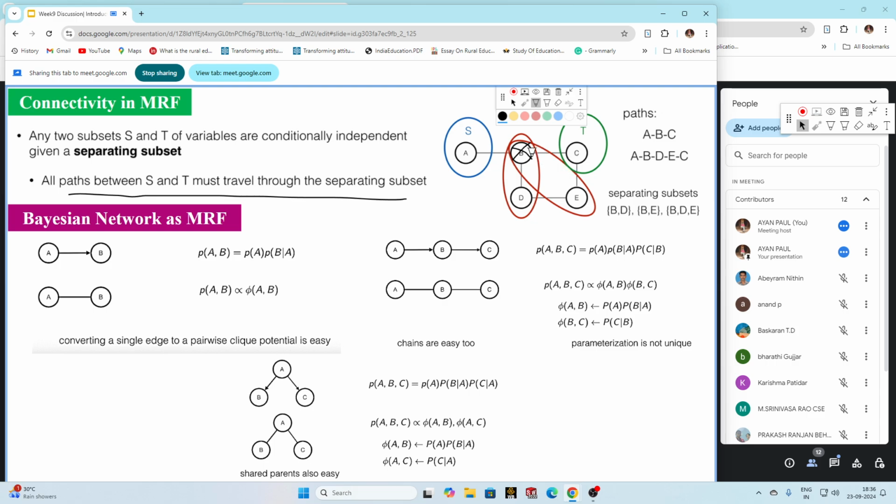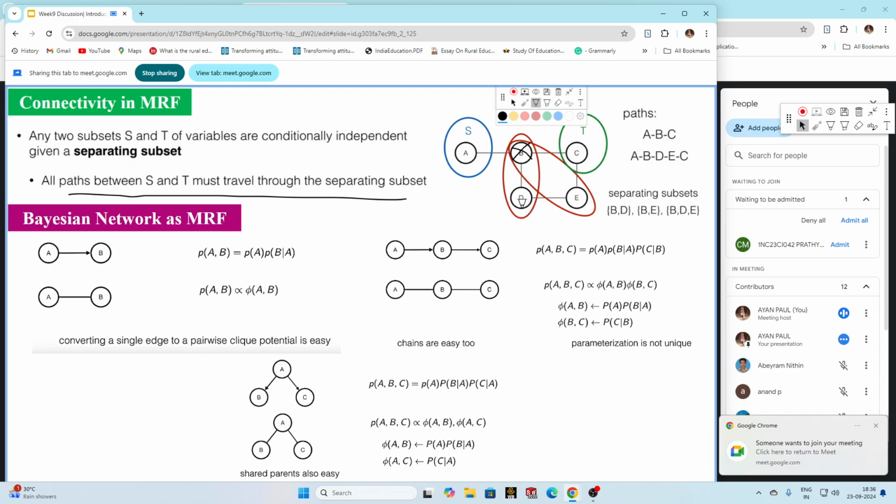Now what about B? B has three neighbors: A, D and C. If A is given, D is given and C is given, that means all are blocked. Let me erase it. Focus on this B node.